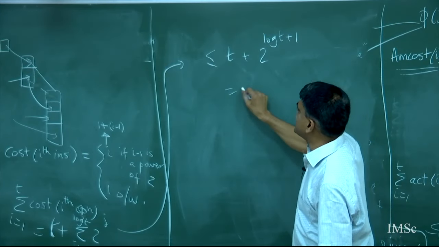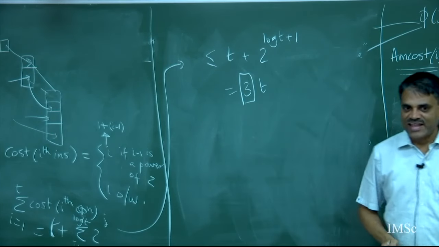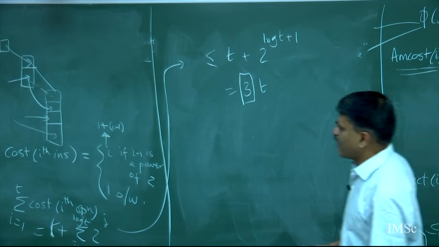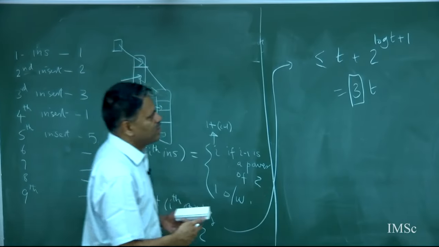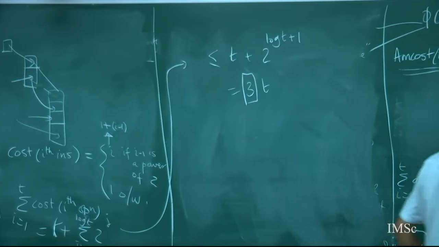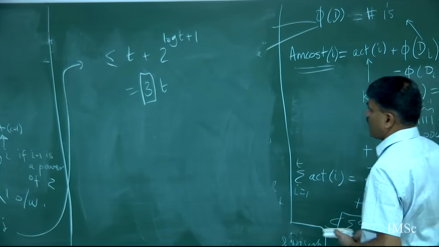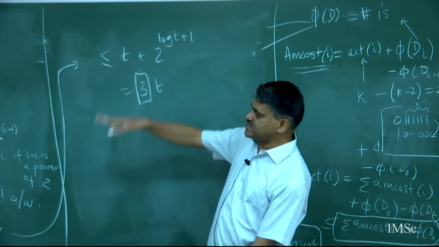This is basically 3t, which tells you the amortized cost is really 3. Now we will see a nice credit or potential argument to see why it's 3. So this is the aggregate analysis.